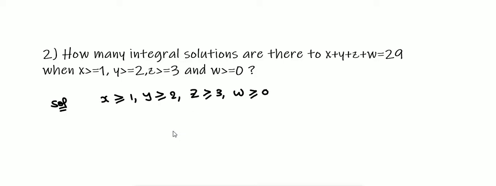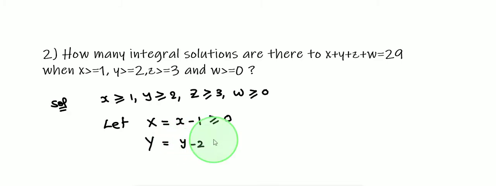For that, let us consider a new parameter, capital X, which is equal to x minus 1. As the least value of x is 1, x minus 1 is greater than or equal to 0. Capital Y is equal to y minus 2, which is greater than or equal to 0. Capital Z is z minus 3, which is greater than or equal to 0. And w is already greater than or equal to 0.